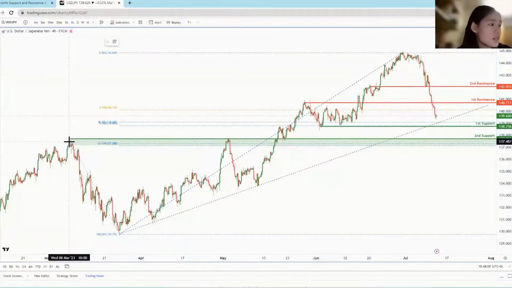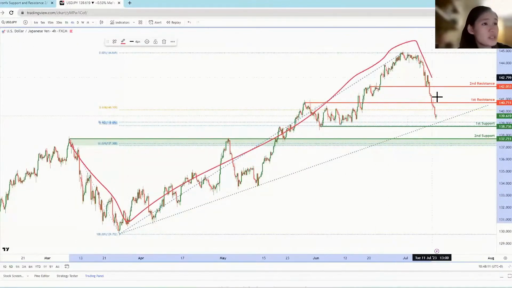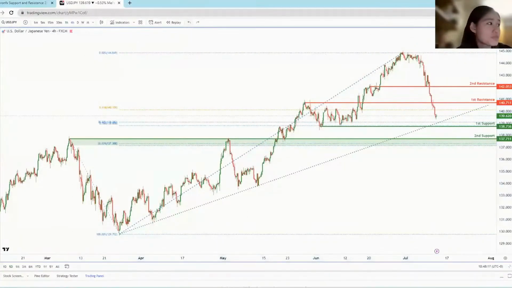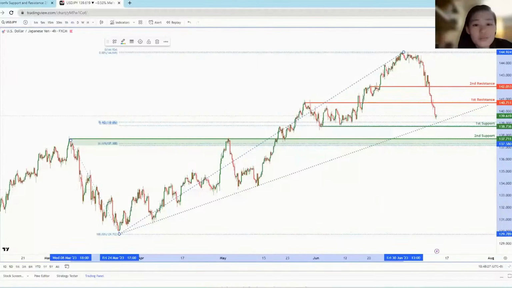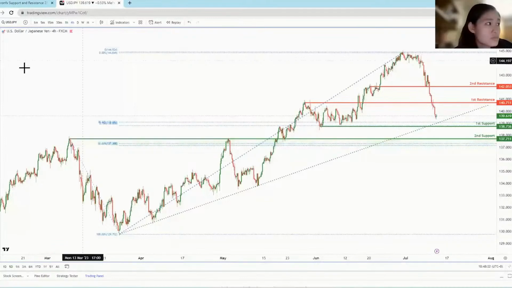So I just want to highlight this flash shape here that I'm looking at for our Fibonacci projection. Okay, all good so far.